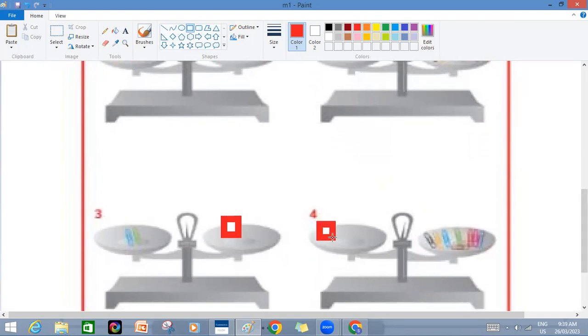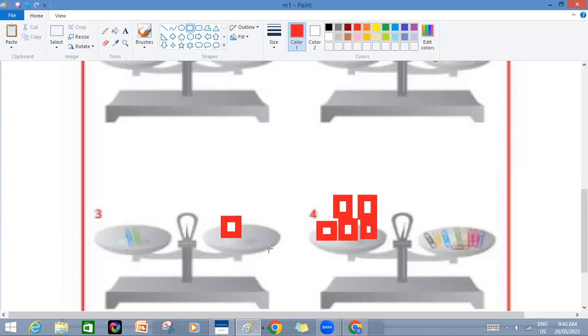So let's make the blocks: 1, 2, 3, 4, and 5. So half of 10 is 5.